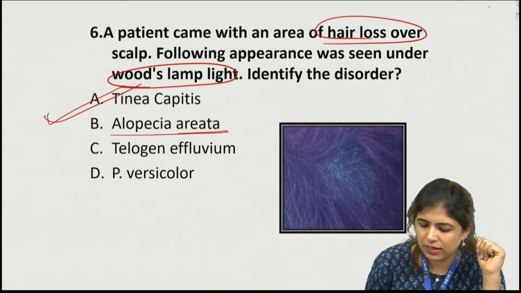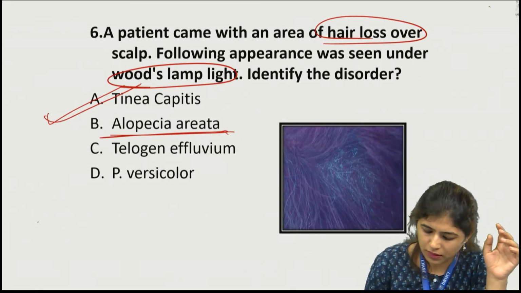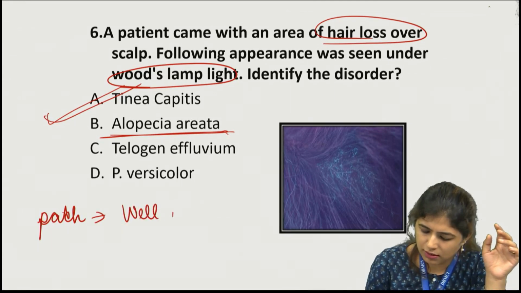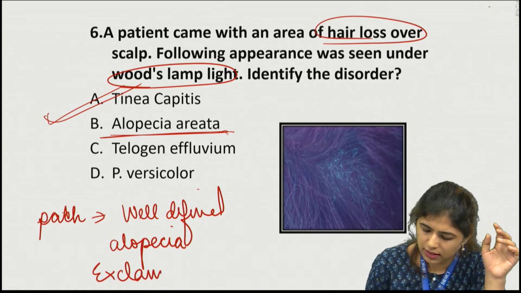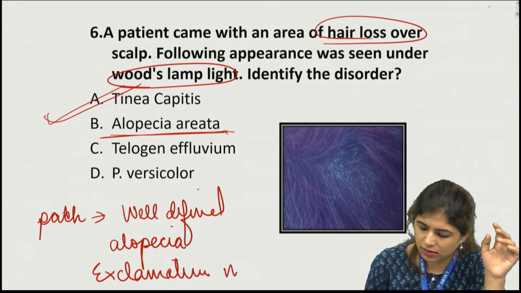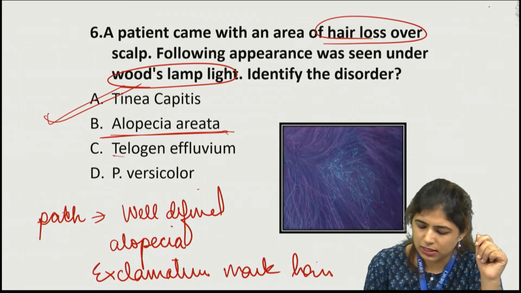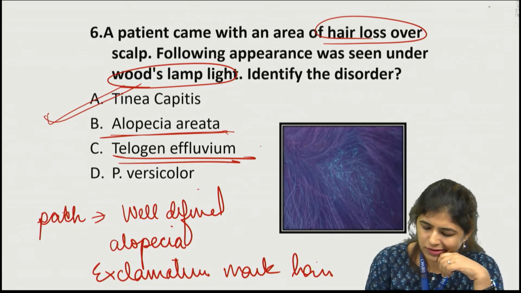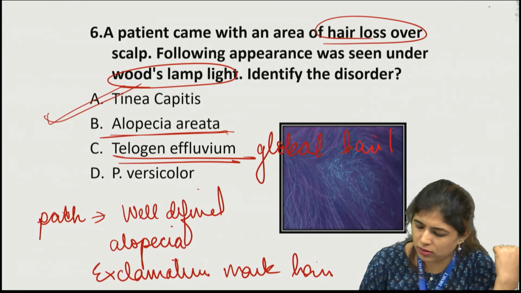If it was alopecia areata, how would it look like? Alopecia areata would look like a patch which is well defined alopecia with exclamation mark hair. It will not be Wood's lamp positive. Telogen effluvium will be a global hair loss.